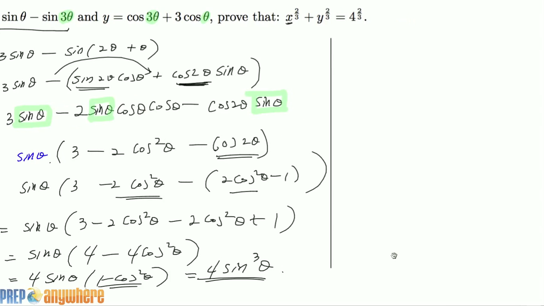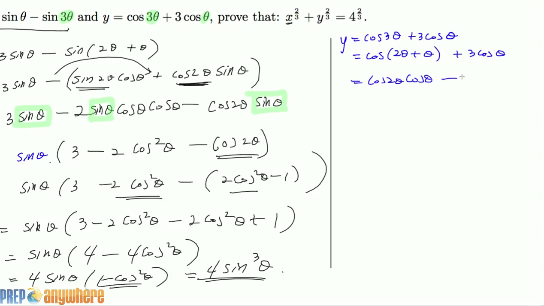Okay, so let me slide over here. So the first step is to split the 3 theta into 2 theta plus theta. So we have cosine of 2 theta, cosine of theta, minus sine of 2 theta and sine of theta, plus 3 cosine of theta.